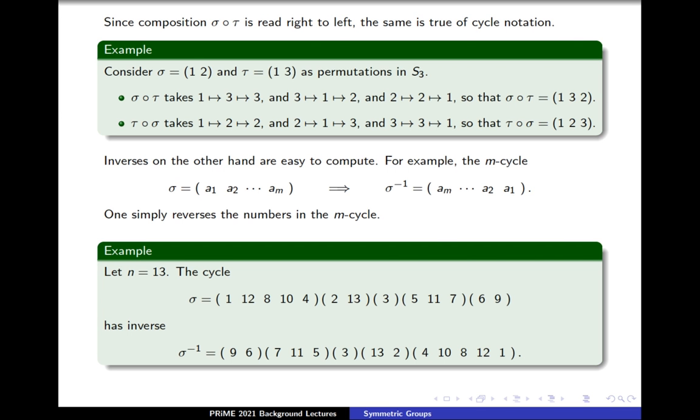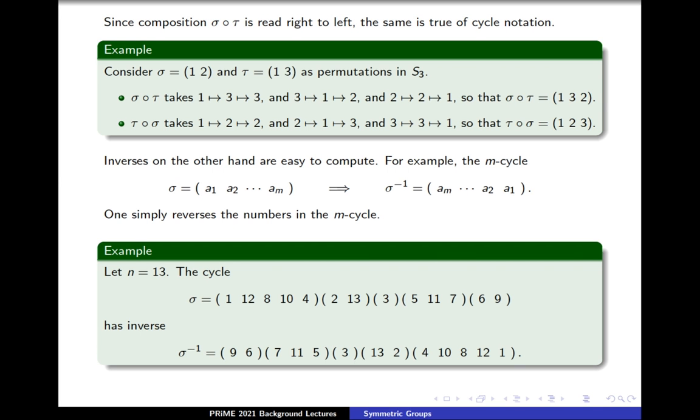So returning to our permutation from before, we can write its inverse by reversing both the order of the cycles themselves and the orders of the numbers in each cycle. So sigma inverse starts with 9, 6, then 7, 11, 5, then 3, then the cycle 13, 2.